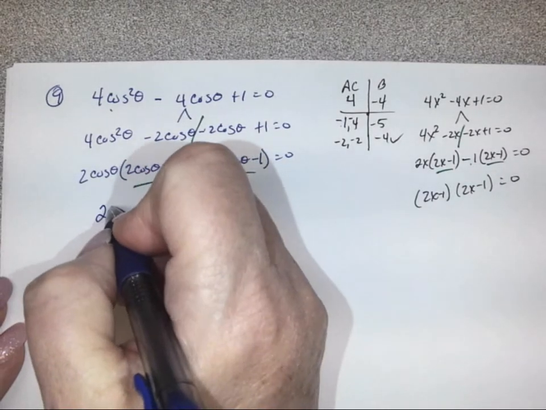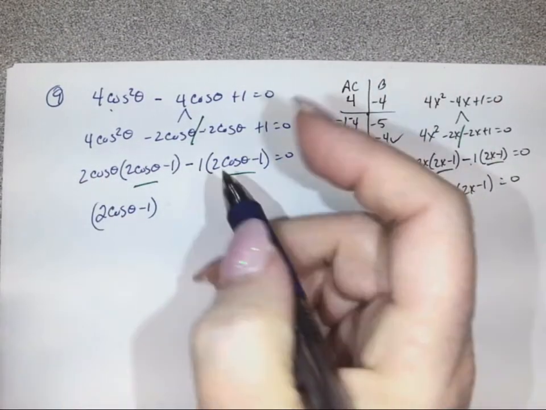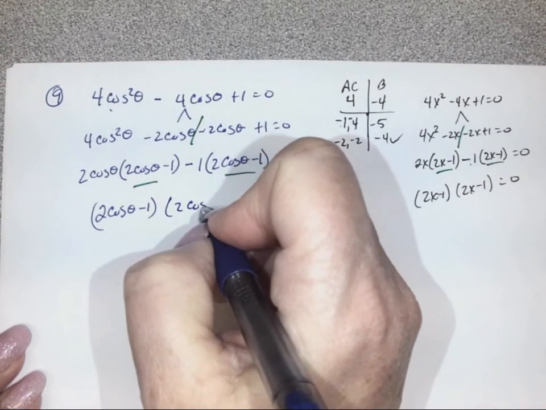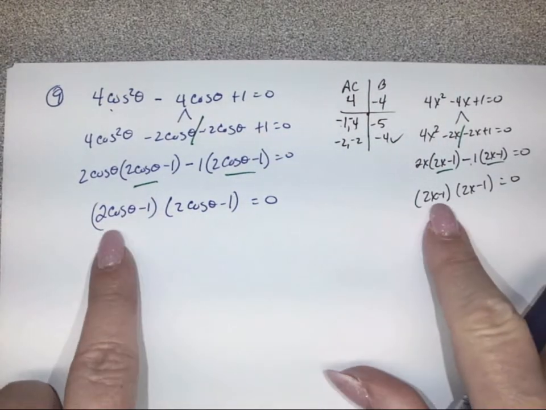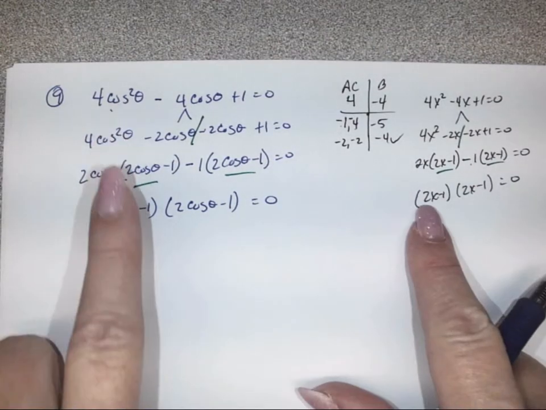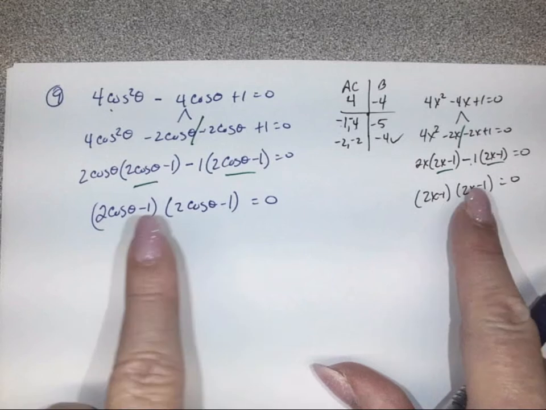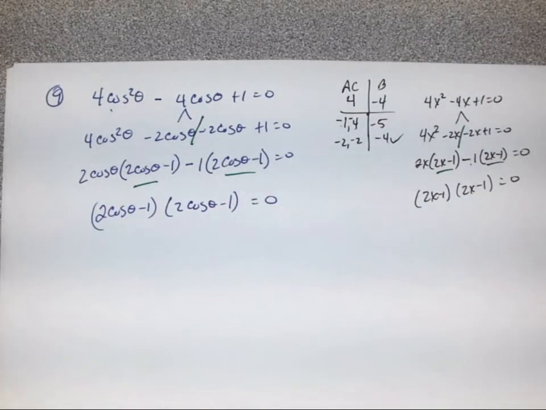So we'll pull out our 2 cosine theta minus 1 and then group together what we have. 2 cosine theta minus 1 equal to 0. So notice we have the same answer except we made cosine an x value. So I could just rewrite this right there with the cosine. I would be okay with either way.